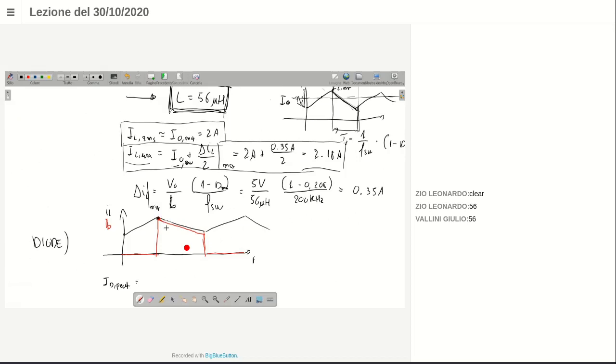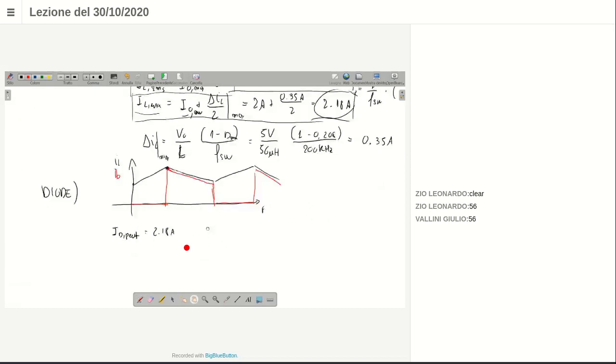The peak current in the diode is the maximum current in the inductor, and it is the 2.18 amps that we have calculated here. Okay, it's the same value based on this plot. It is quite clear. Yeah, of course, it's periodic.